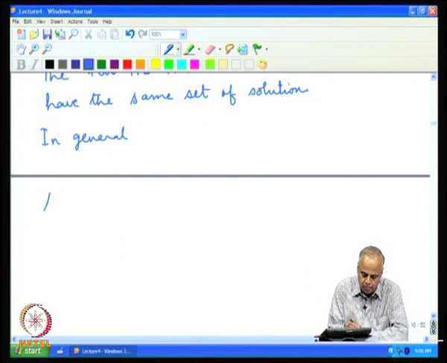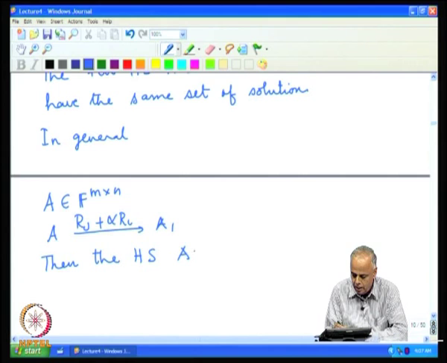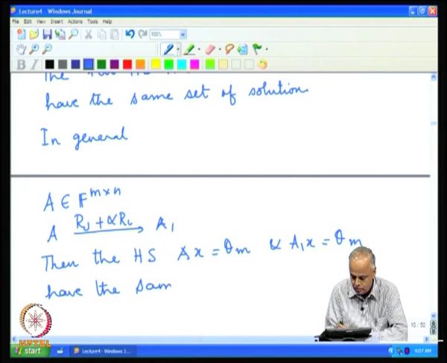In general, if A is an m by n matrix and A goes to A1 under the transformation Rj plus alpha Ri, then the homogeneous systems Ax equal to theta m and A1x equal to theta m have the same set of solutions.